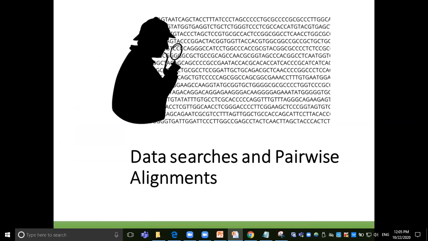That's what we are going to talk about today: pairwise alignments. Alignments can be pairwise or multiple. Pairwise means we compare two sequences at once. In multiple sequence alignments, we try to align a set of sequences.